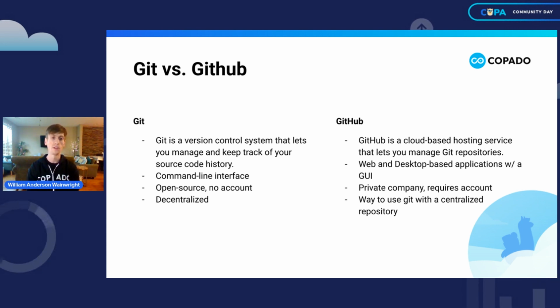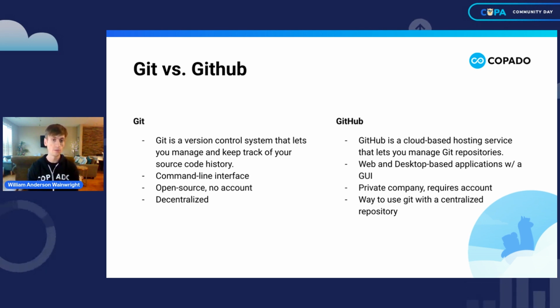So Git is a command line interface that you run locally on your machine or you run remotely on a server. And then GitHub is a hosting service that lets you serve a Git repository with their hosting platform, and you interact with it through a web or desktop-based application.